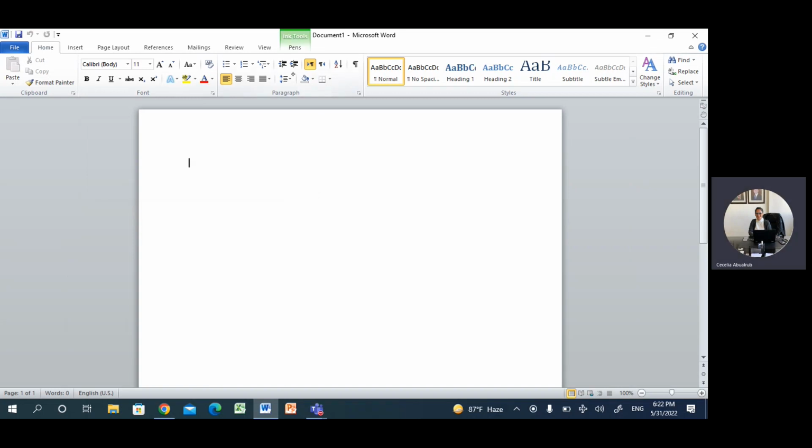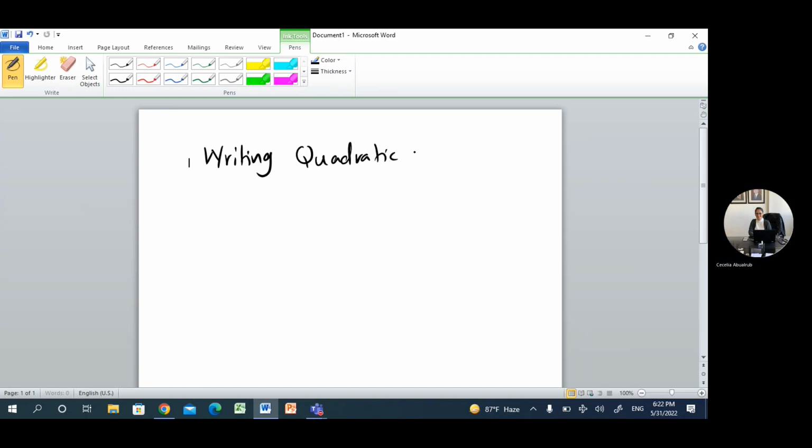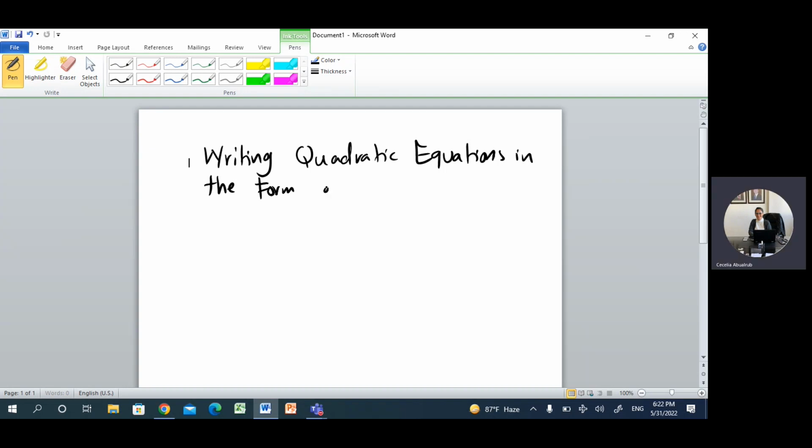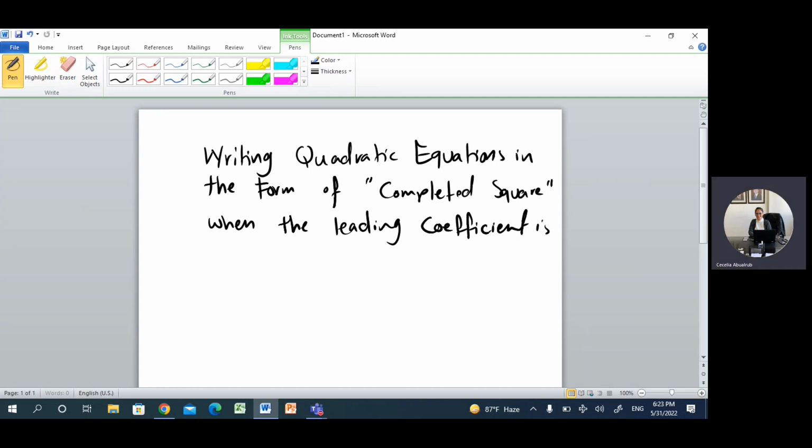So I will write the title. So writing quadratic equations in the form of completed square when the leading coefficient is not equal to 1.